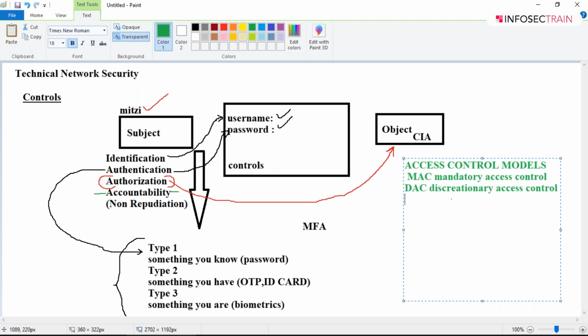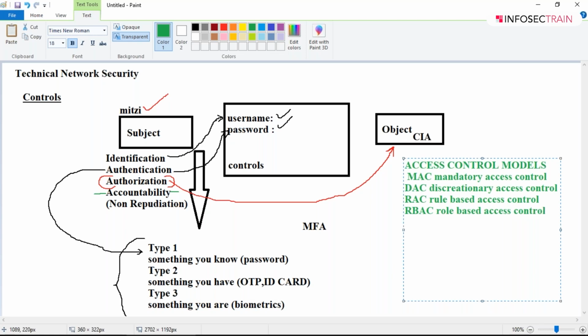Then we have rule-based access control. Then we have role-based access control.